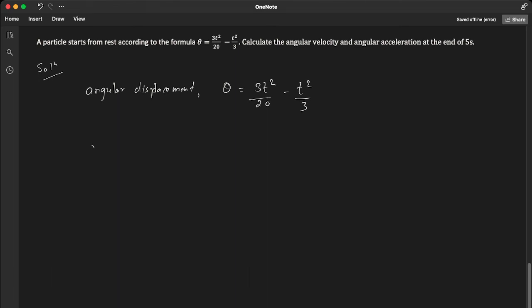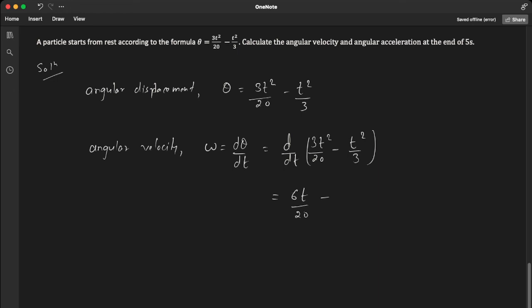velocity. So we know that angular velocity is defined as omega is equal to d theta by dt. So d by dt of 3t square by 20 minus t square by 3. This comes to be 6t by 20 minus 2t by 3.